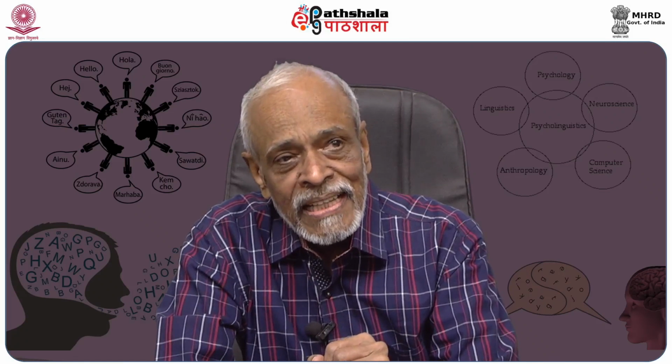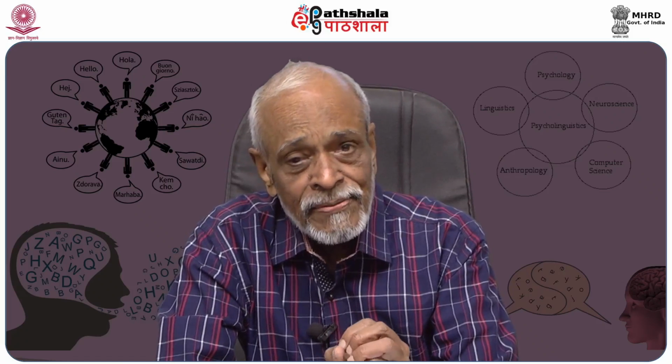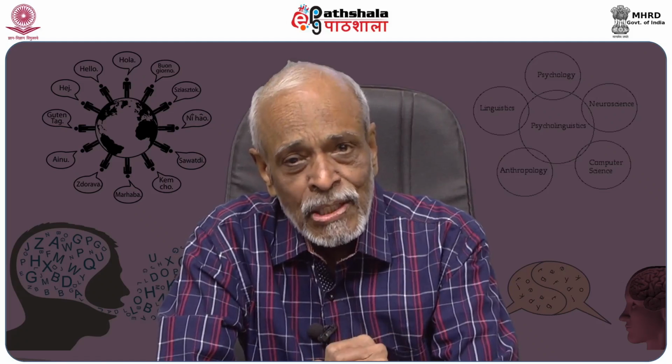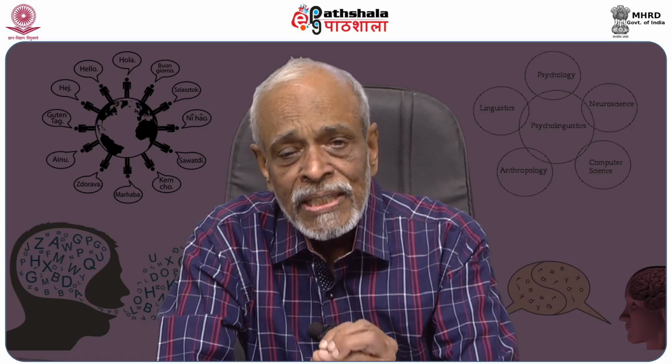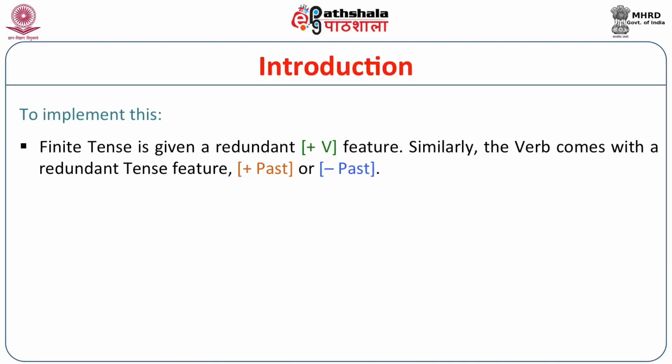Now, as we said earlier, movement is not free, it must be forced. So what would force the verb to go and adjoin to tense? For this, both tense and the verb are given certain features.